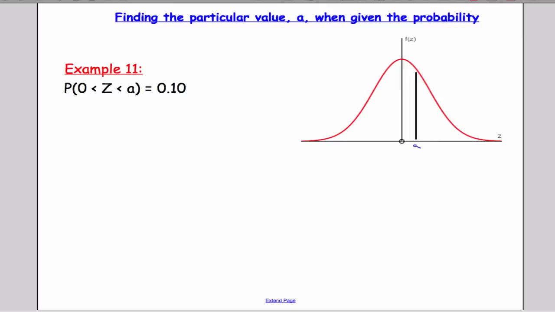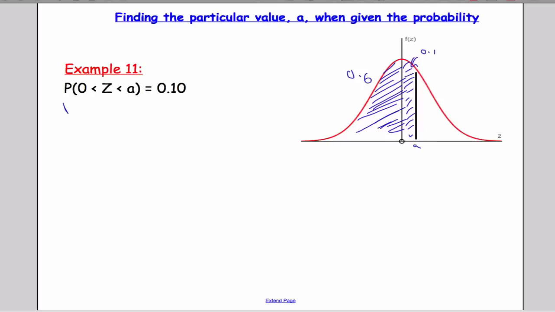If I call that A there, and I know that this area in here is 10% or 0.1. I can add on, like we've done before, add on 0.5, and I now know that the total area here is 0.6.